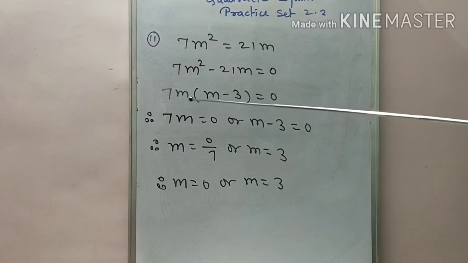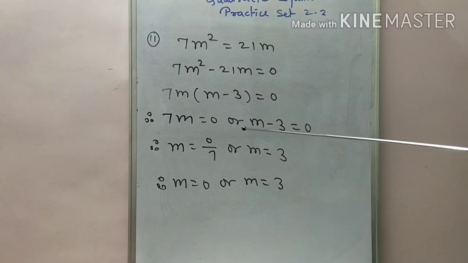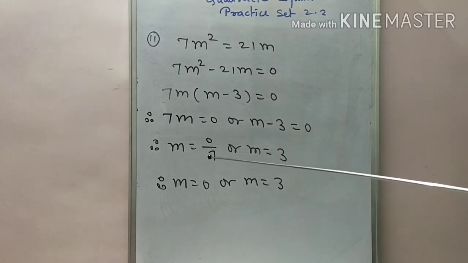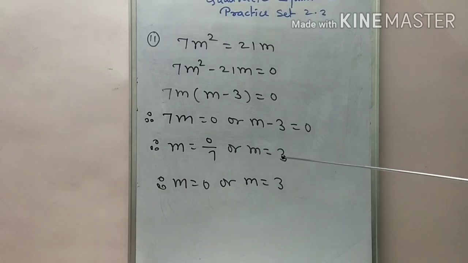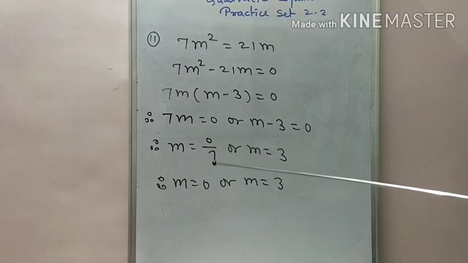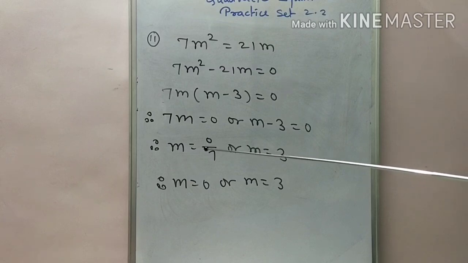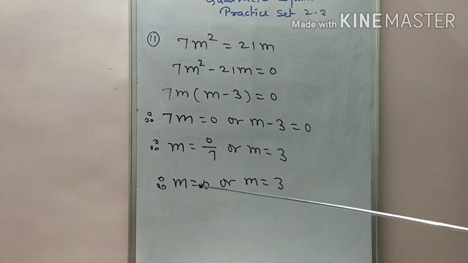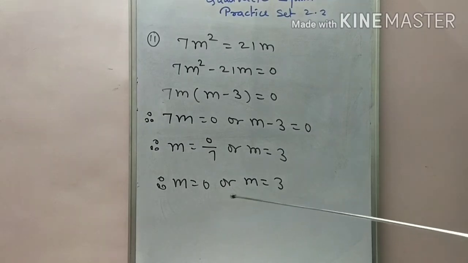It means either 7m is 0 or m minus 3 equal to 0. So m equal to 0 upon 7 or m equal to 3. And when you divide 0 by any number, the answer is 0. So m equal to 0 or m equal to 3, which means 0 and 3 are the roots of the given quadratic equation, okay students?